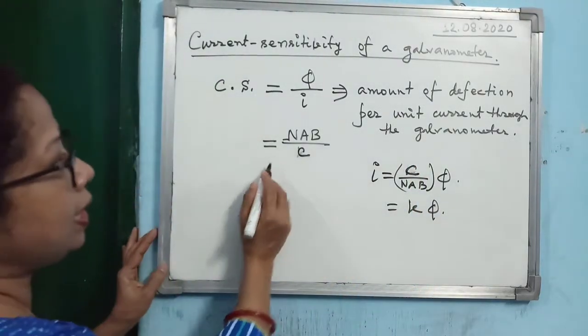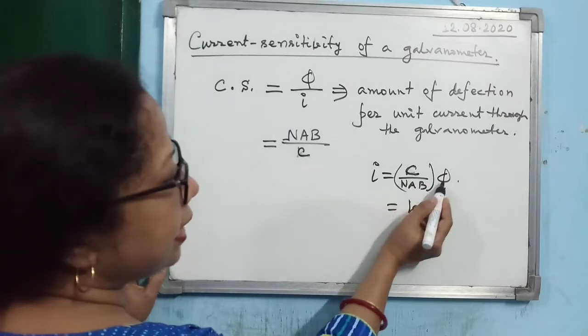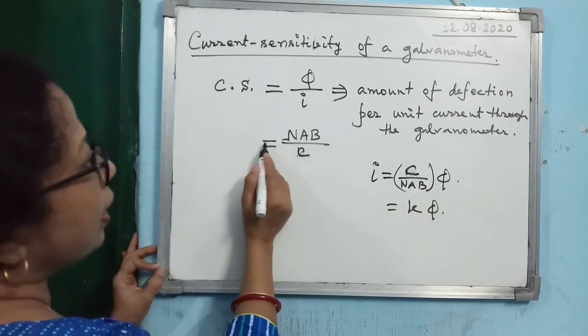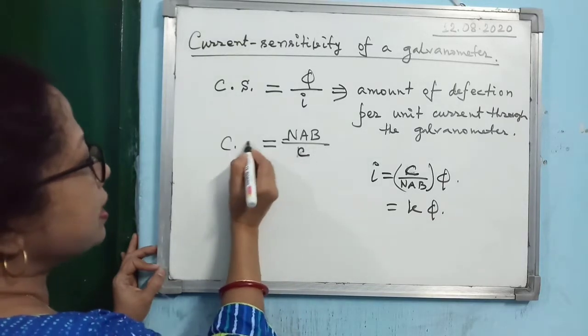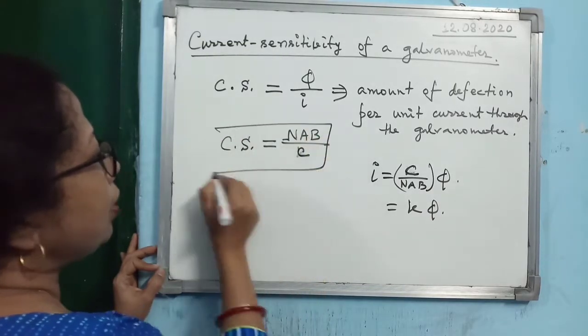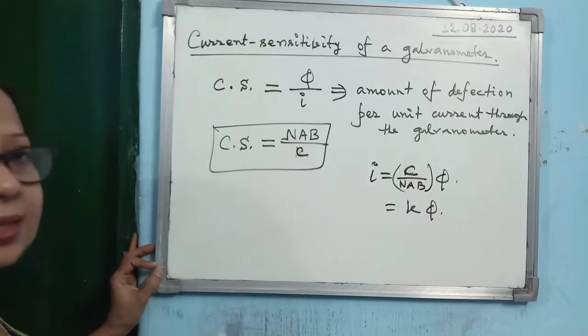So here, if you consider I is equal to C by NAB into phi, then phi by I is NAB by C. So you see how you can increase the current sensitivity.